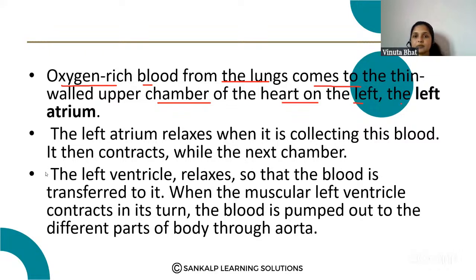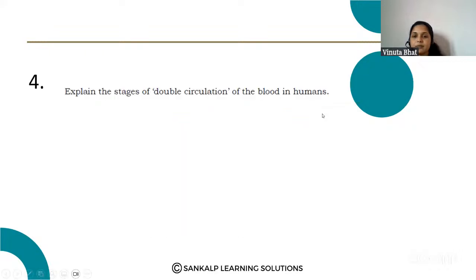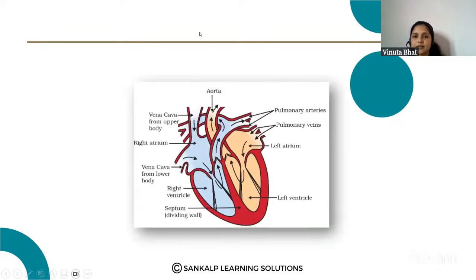Here, I just want to explain. The oxygen rich blood is received by the left atrium through the pulmonary veins. The oxygen rich blood enters the upper chamber of the heart, that is the left atrium. When the left atrium contracts, the blood will move to the left ventricle.